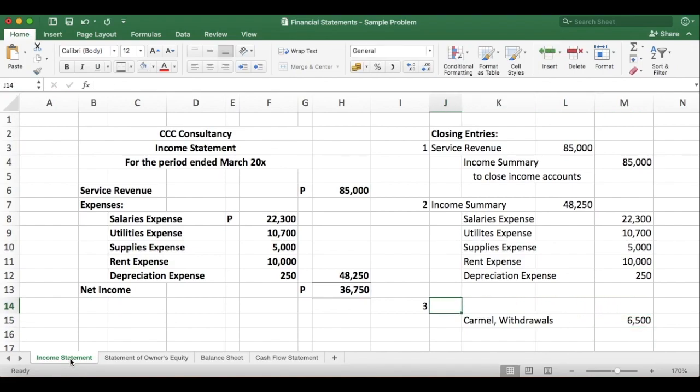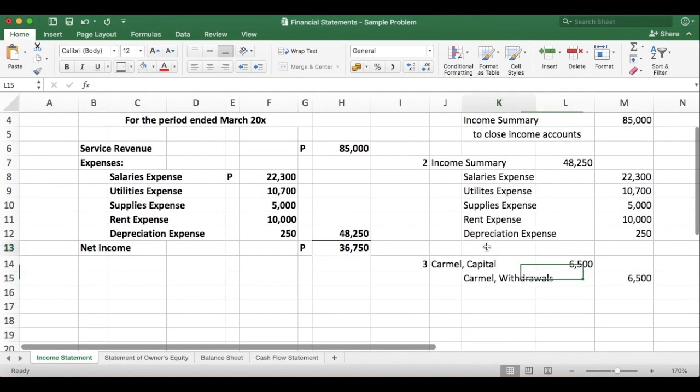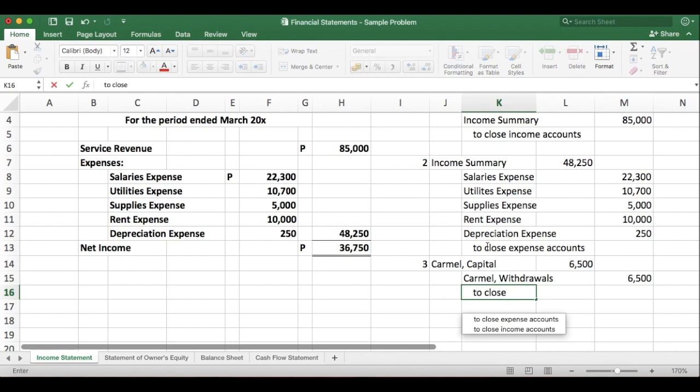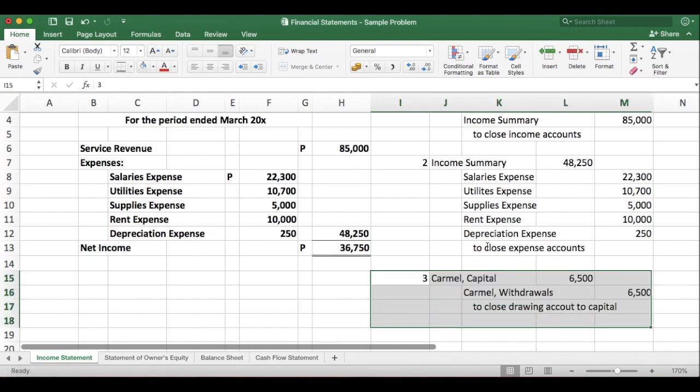And then we will debit here the capital, which would be Carmel capital, at 6,500. And lastly, the explanation here is to close drawing account to capital. I'll leave a space so it doesn't look crowded there.